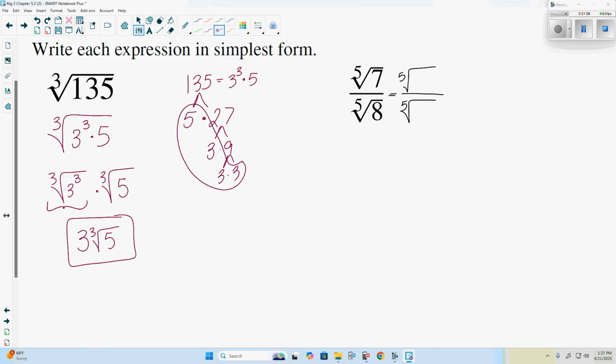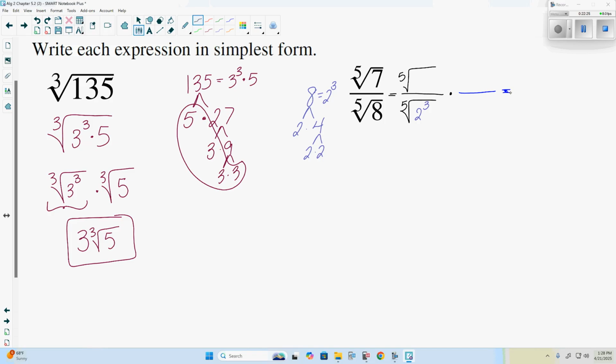Well, 8, let's see what it is as factors. 8 is 2 times 4. 4 is 2 times 2, telling us 8 is 2 to the 3rd. Do I have enough factors of 2 in 8 to take the 5th root? Well, no. So what we're going to have to do is multiply it by something.